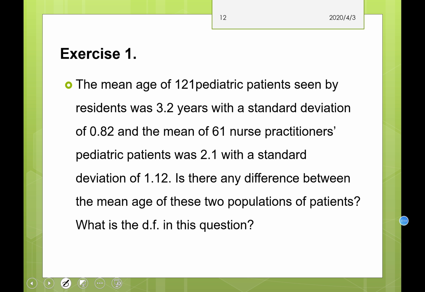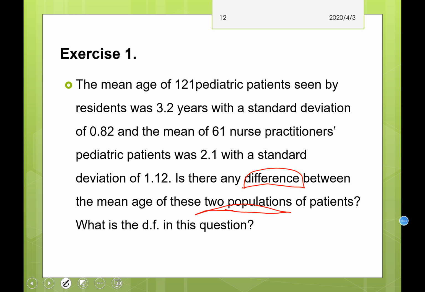So as usual, let's read the last sentence of the question first. Is there any difference? Okay, so here, we find the first keyword, difference. That means this question should be a question about hypothesis test, not estimation, right? And next one, between the mean age of these 2 populations. So are there 2 sample sizes or not?